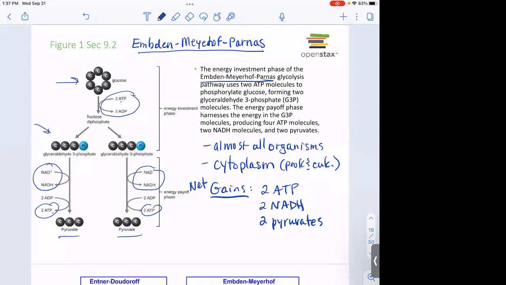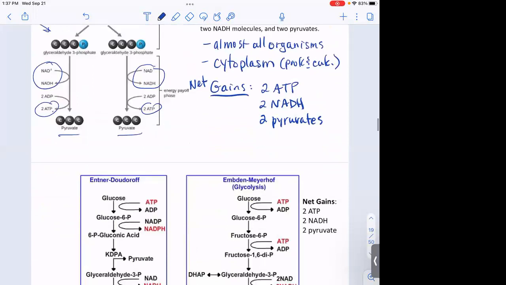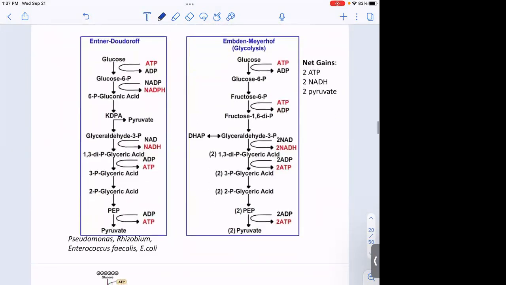So I said almost all organisms are doing this. Who's not? There are some bacteria, and here I'm going to show you a little bit more detailed picture of glycolysis here on the right. Who's doing it? Who's not doing it? There are some bacteria that actually are deficient in, I think it's this enzyme right here.